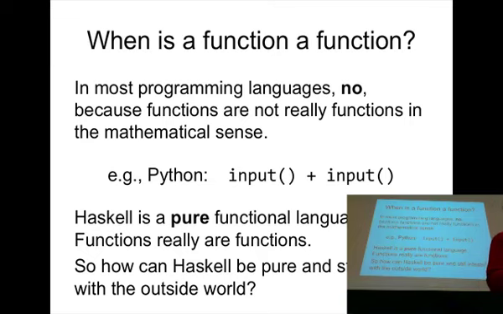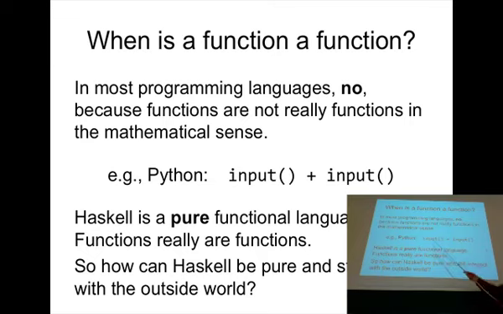That's the definition of a function. It has a single valued result. So they're functions in the mathematical sense. That's not true of functions which are defined in most other programming languages, because there is a hidden state, the state of the world, which affects the result that a function call might give you.